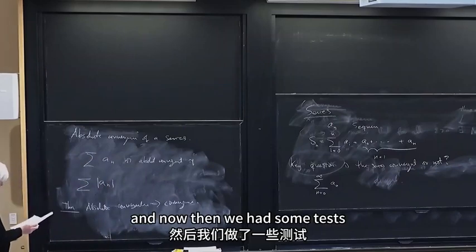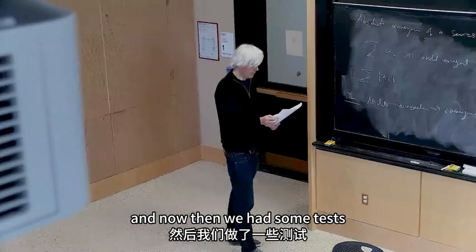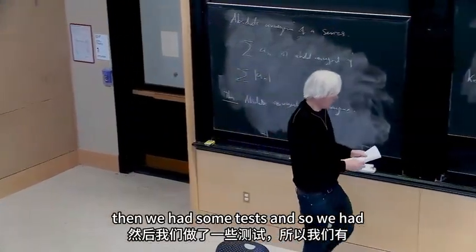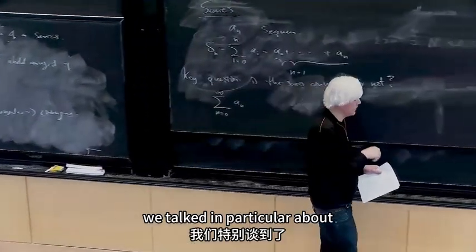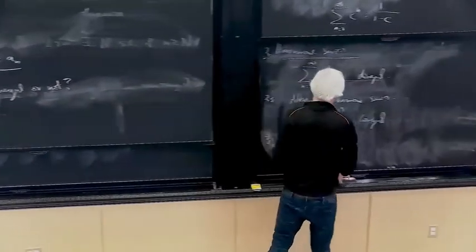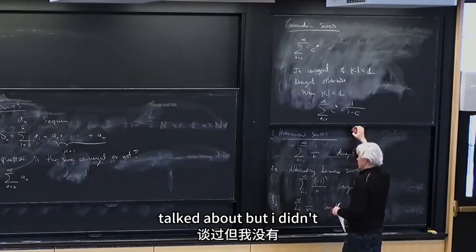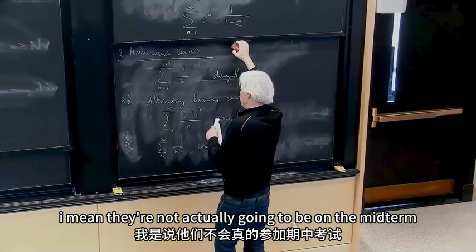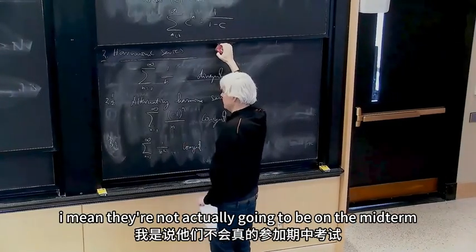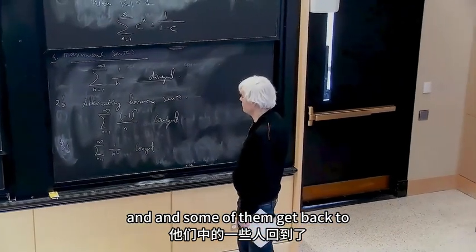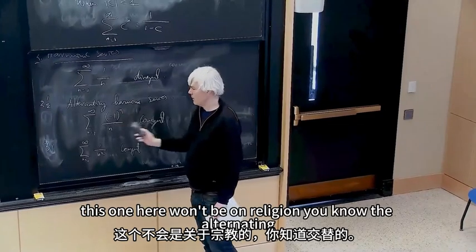Okay, and now we had some tests. There were a few other tests that we talked about, but they're not actually going to be on the midterm, and some of them we'll get back to. The alternating series test won't be on the midterm either.